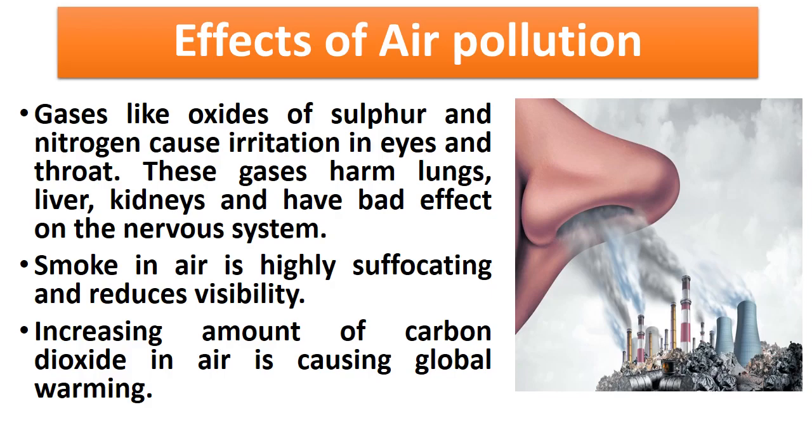So the oxides of sulfur and nitrogen are basically harmful gases, and they can damage our nervous system also. The second effect is smoke. Smoke in air is highly suffocating and it reduces visibility. The people cannot see on the road due to smoke in air.